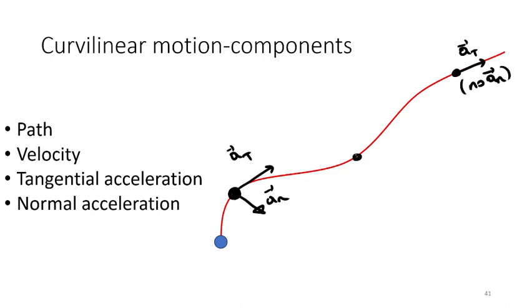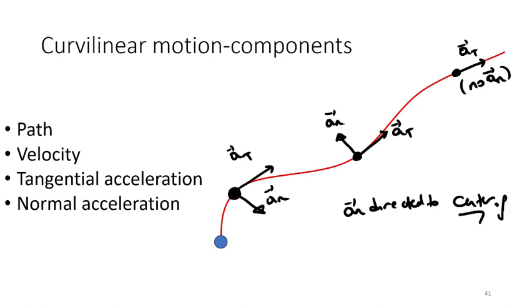For example, if the particle is here, the normal acceleration is this way, the tangential acceleration is this way. Okay, and this normal a_n is directed to the center of curvature.